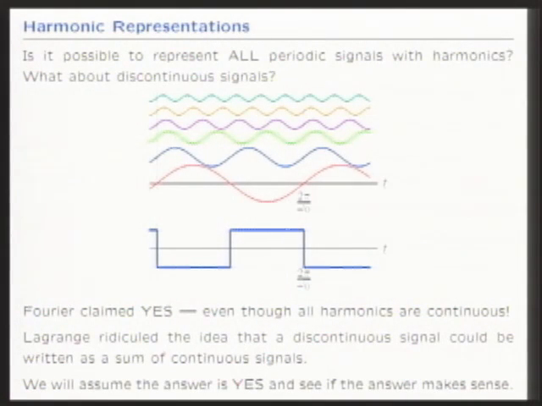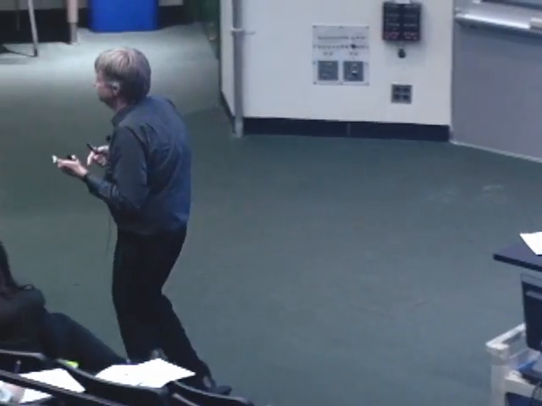People like Fourier, you might imagine, advocated the notion that you can make a meaningful harmonic representation for a very wide class of signals. Fourier claimed basically everything. Anything that was periodic could be represented in terms of a sum of harmonics. Other people thought that was preposterous.